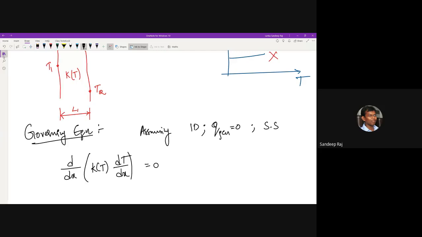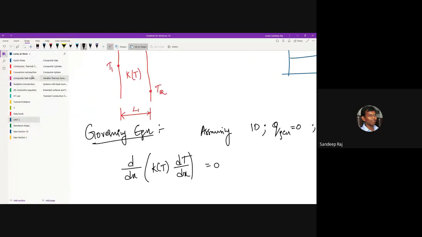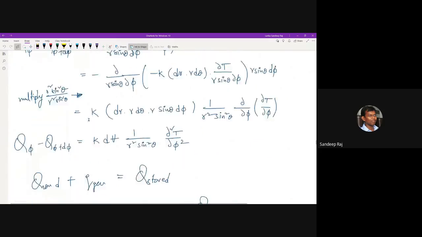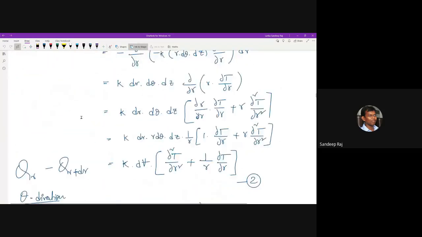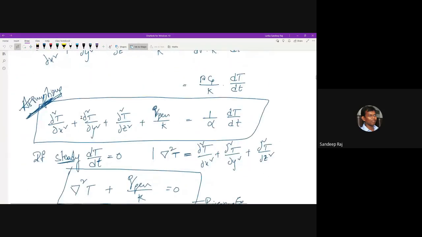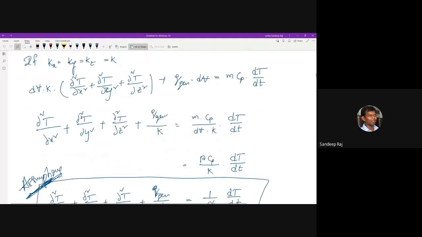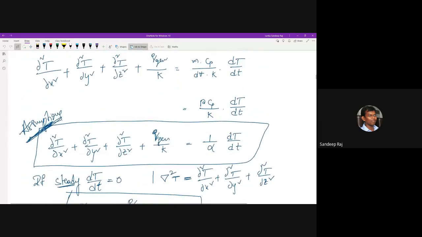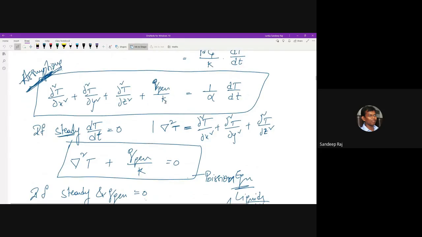So how did I get this? Let me go to this equation. In this equation, you have considered that k is constant. That's why you have taken out the k as a constant and put it here. But if this is not constant now, it has to come inside.